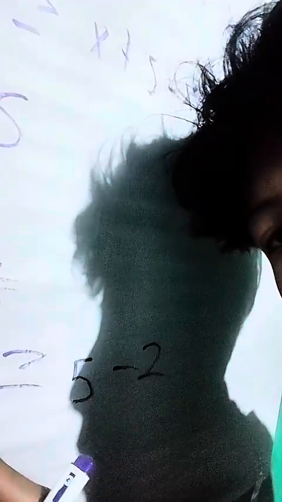Step 3: move the constants to the other side. x + 2 - 2 ≤ 5 - 2. We get the final solution: x ≤ 3.